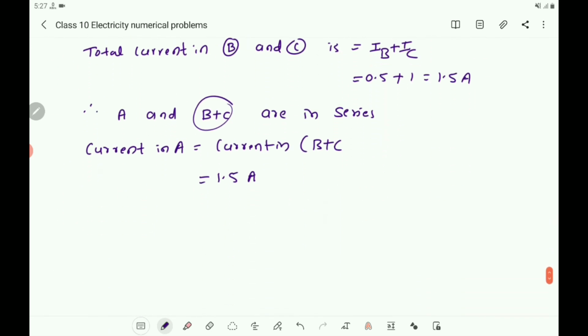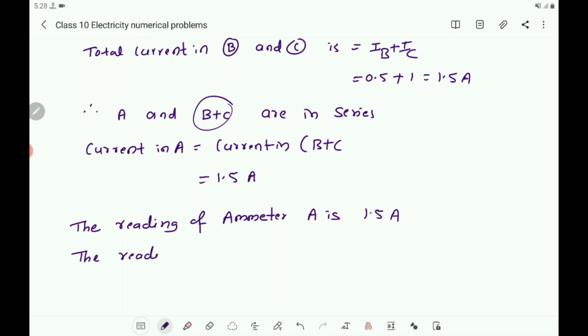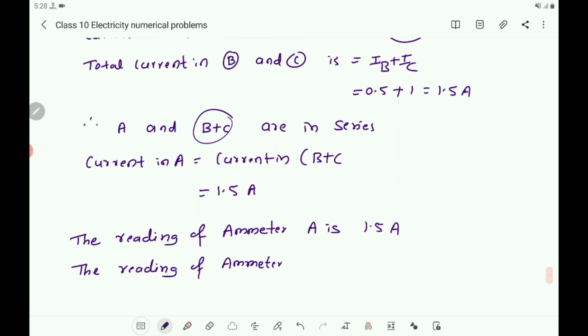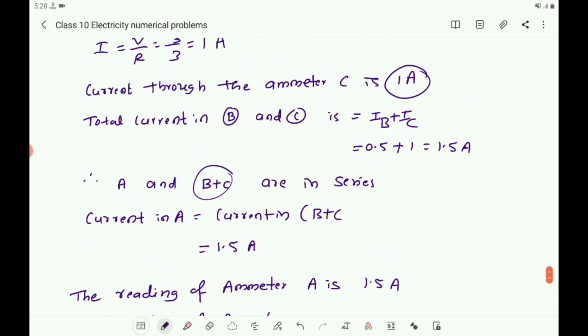Therefore write, the reading of ammeter A is 1.5A. The reading of ammeter B is 0.5A.